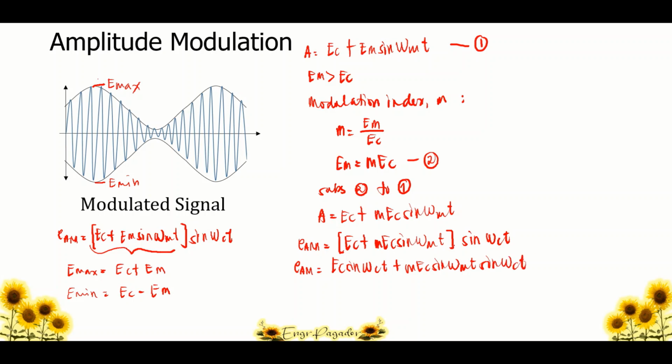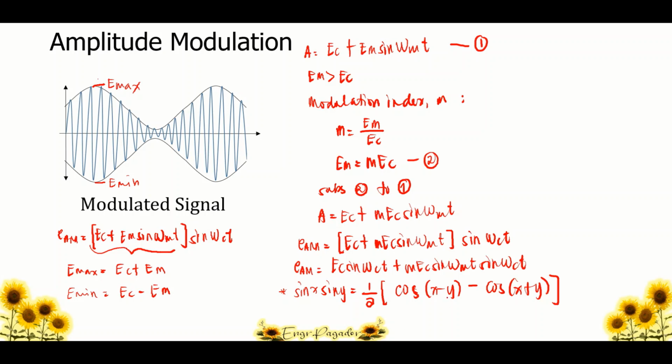To simplify this, we are going to use a trigonometric identity, which is this one. Sine x multiplied by sine y is equal to 1/2 multiplied by cosine x minus y minus cosine x plus y. This is only a trigonometric identity for sine x, sine y.